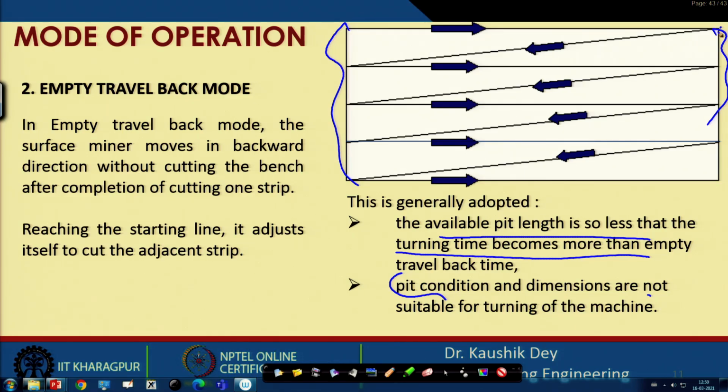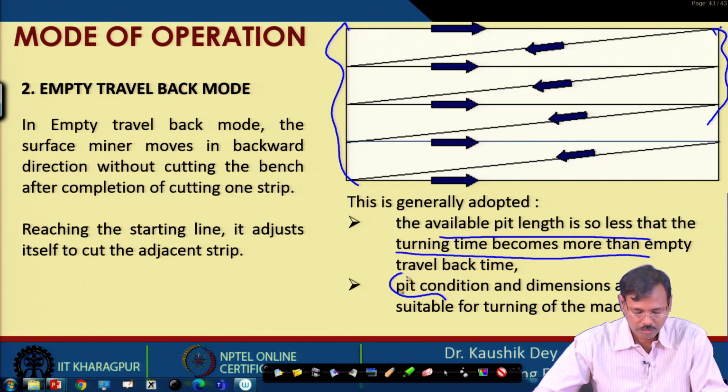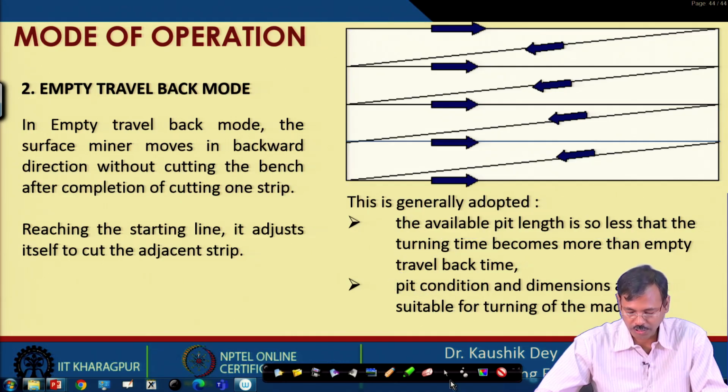In those cases there is a chance that more wear and tear to the system may occur, or maybe there is some unsafe condition. In those cases you can allow the empty travel back of the machine. Similarly, this is not a very popular method of operation.